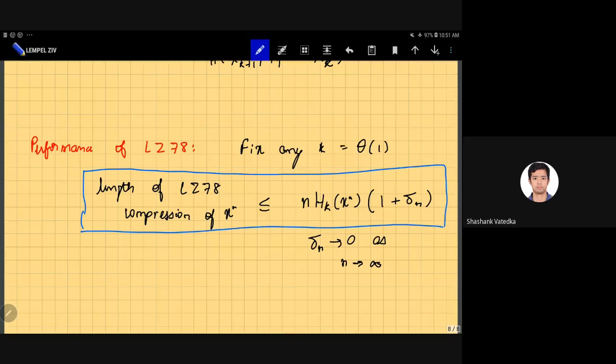They didn't give a measure of how small it could be. All they said was that if you have a compressor for a sequence xn which achieves a length of Ln, then the length of the LZ78 compression of xn is less than or equal to Ln times 1 plus delta n.